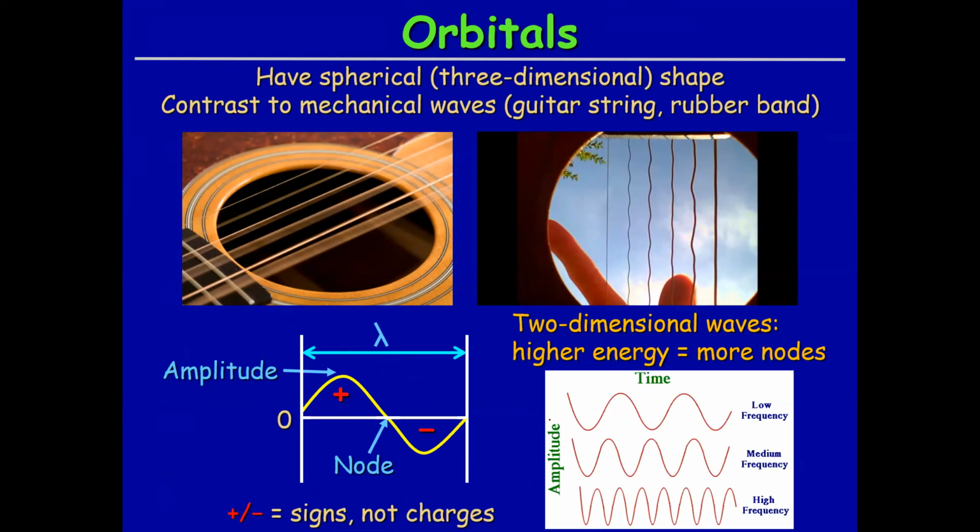And you can start and compare orbitals to waves, where you have nodes, where you have 0 probability of something being there, you have positives and negatives. And these are signs. These will be more obvious to why we give them notations of plus and minus later on today.